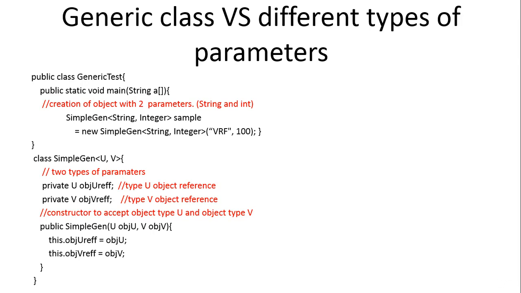It is done in public class GenericTest inside the main method, public static void main String, and we create an object of SimpleGen, creation of object with two parameters, string and integer, and we pass vref and 100.